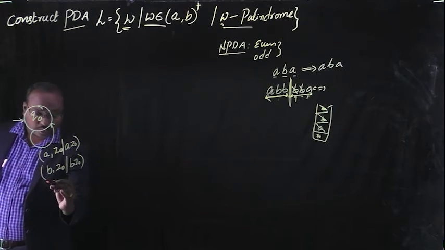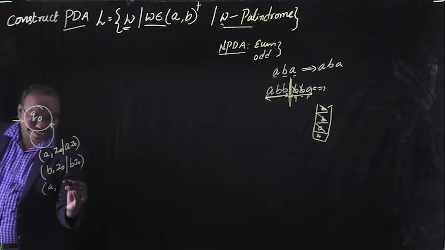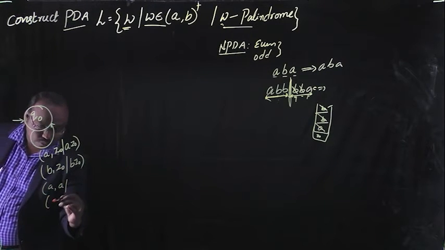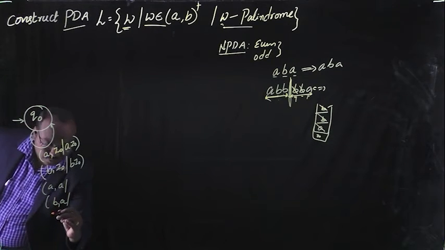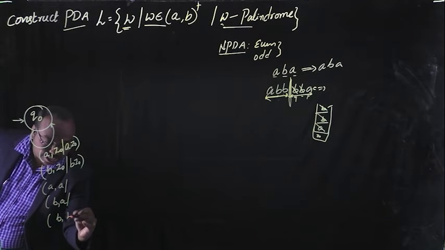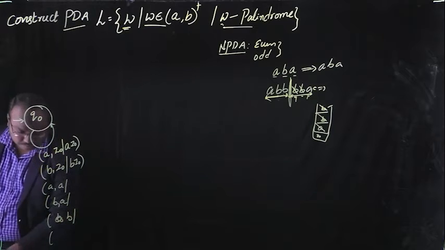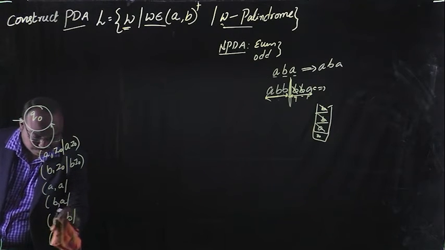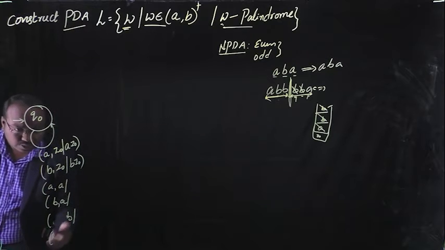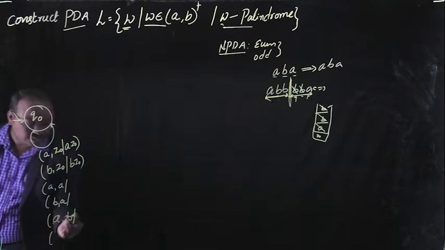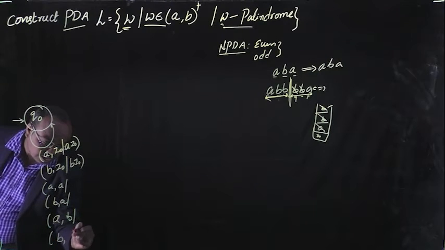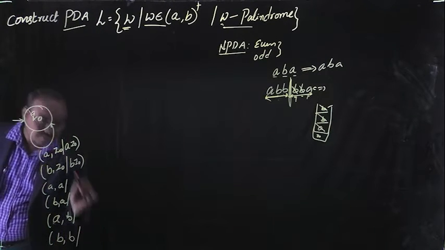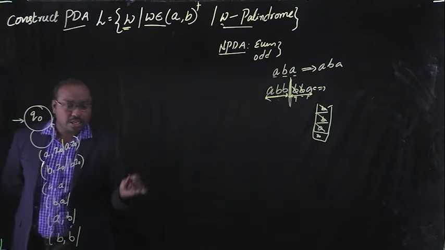The input symbol is A and the stack's top element is A. The input symbol is B and the stack's top symbol is A. Next, the input symbol is B and the stack's top element is B. And if the input symbol is A and the stack's top element is B. In all these cases we have to insert the elements onto the stack.